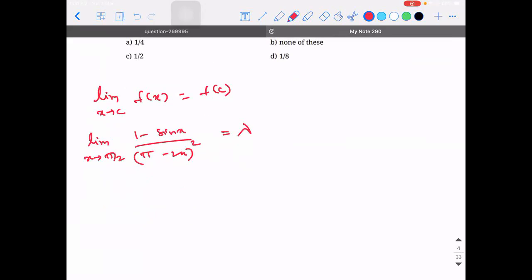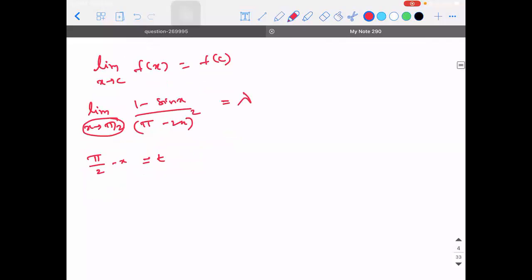Substitute pi by 2 minus x as t. Then limit t tends to 0, 1 minus sine of pi by 2 minus t, divided by, in the denominator, I take the 2 outside, then it will become 4 outside, and pi by 2 minus x, the whole square.